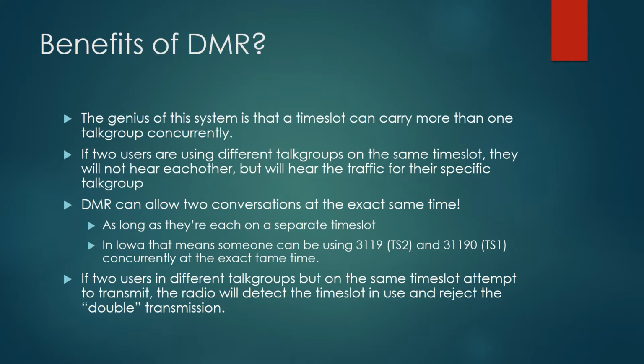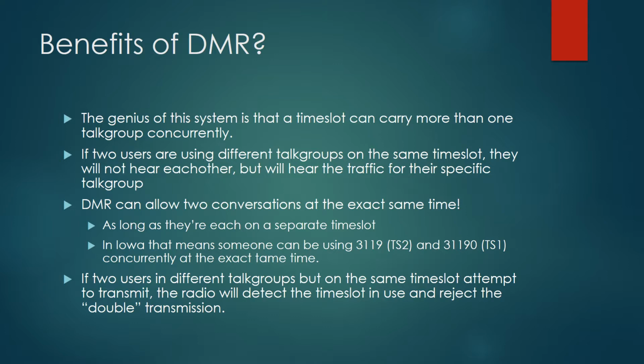So if user A is on 31190 and user B is on 31191, they're both going to be on time slot 1, but they're not going to hear traffic that's for the other talk group. The talk groups will be independent. Their radios will only unsquelch when there's traffic for their talk group. So as I've mentioned, DMR can allow two conversations at the exact same time if you're on a separate time slot.